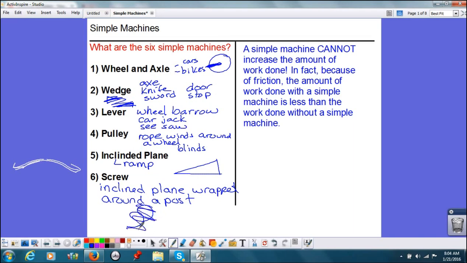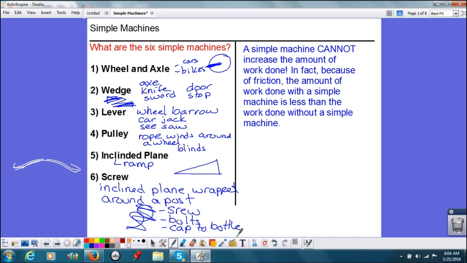Some examples: a screw that you work with in woodworking is an example. Bolts are examples. The caps to your water bottle lids are an example. It's kind of just a threaded idea there.